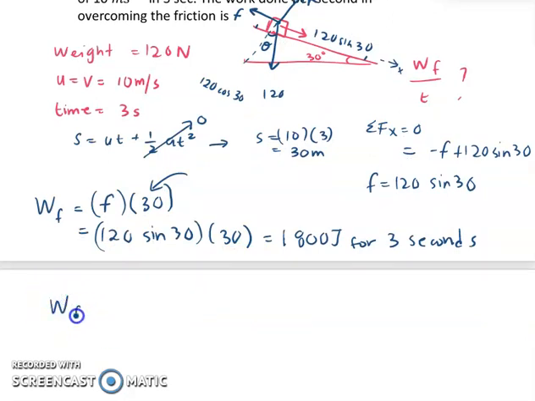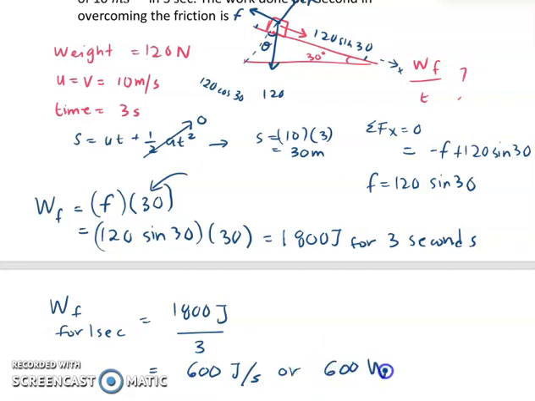So work done by the friction for 1 second is 1800 joules divided by 3, and the answer is 600 joules per second, or 600 watt.